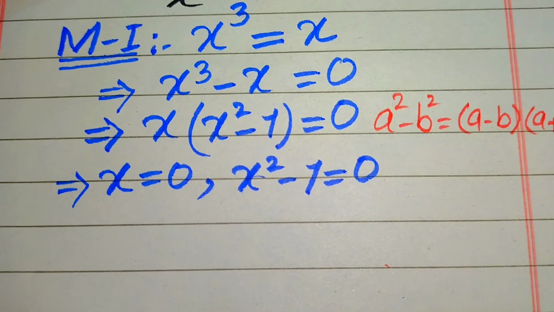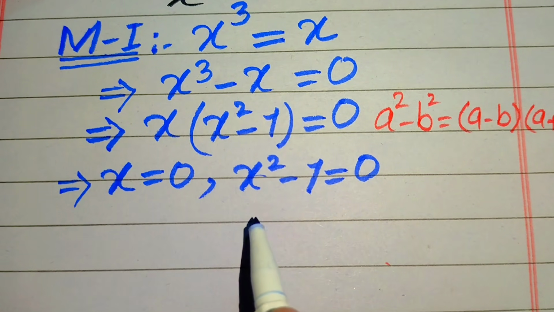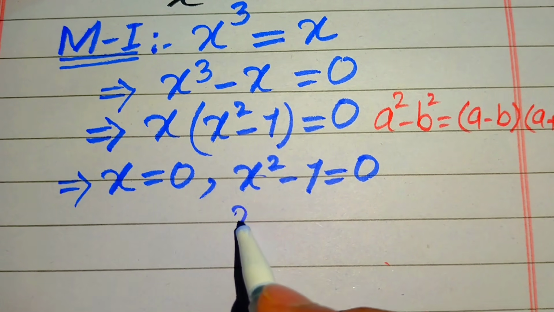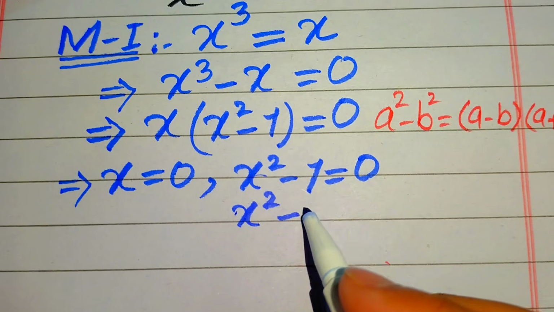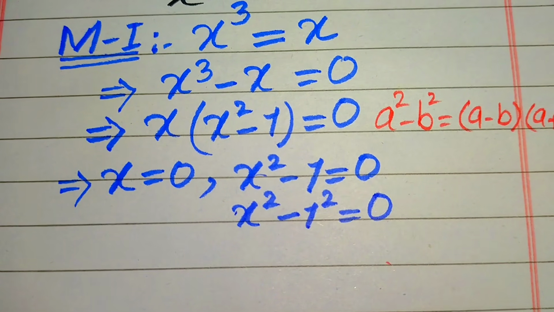According to this formula, we expand our second case: x squared minus 1, and we write 1 as 1 squared, and this whole equation equals 0.